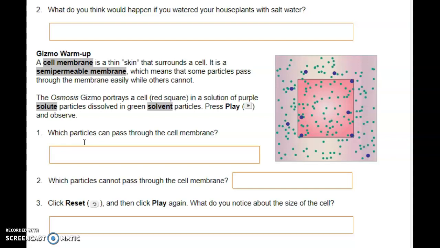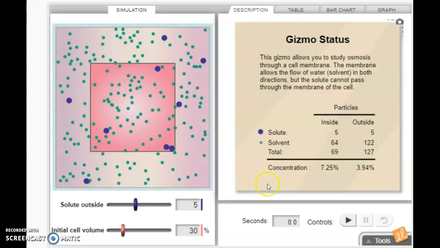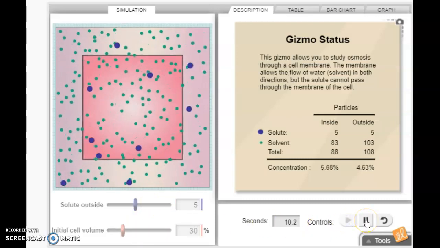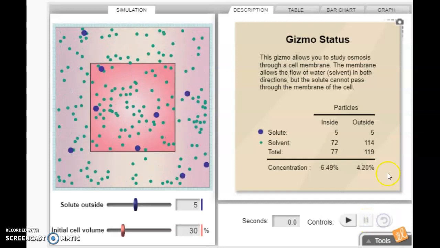So they won't make it either in or out of that thin black border. Then you'll click play again to see what you notice about the size of the cell. Again, as the settings are where you enter the Gizmo, you just click play and you will be able to see some things happening. Make sure to reset when you're all done.